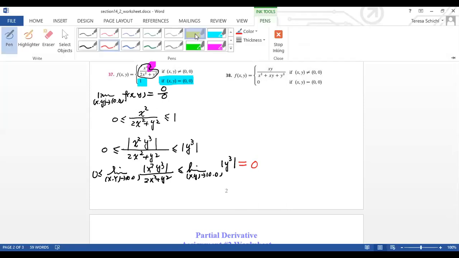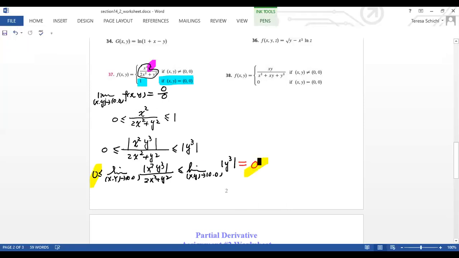So you see this limit was squeezed from both ends. So we say the limit as xy approaches 0, 0 of x squared y cubed over 2x squared plus y squared is going to approach 0.